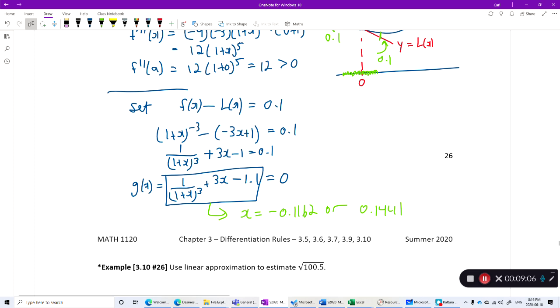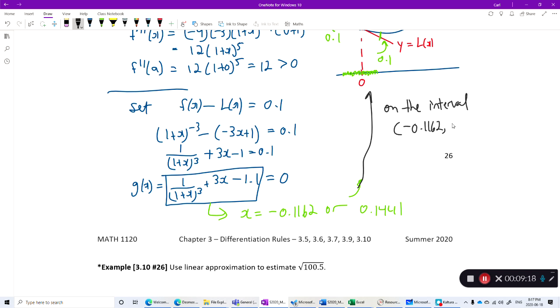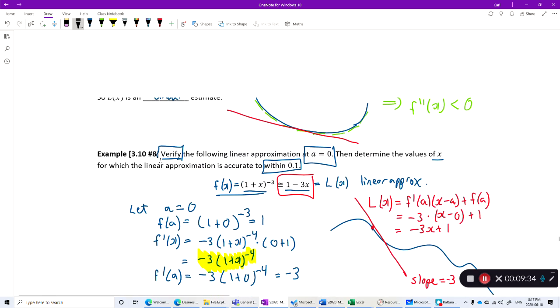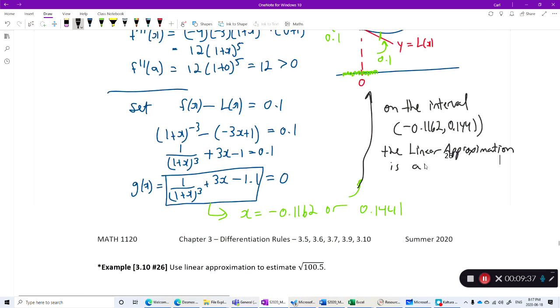So what we've found is that, let's connect that back up here, on the interval from negative 0.1162 up to 0.1441, the linear approximation is accurate to within an error of 0.1.